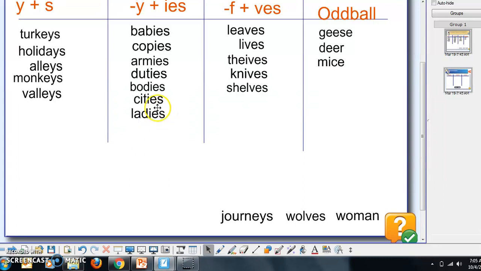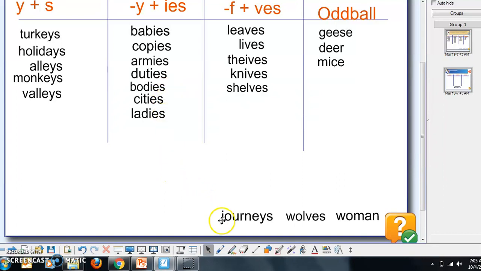Does it look right? I agree. Let's say the words that are in this particular column. We have babies, copies, armies, duties, bodies, cities, ladies.